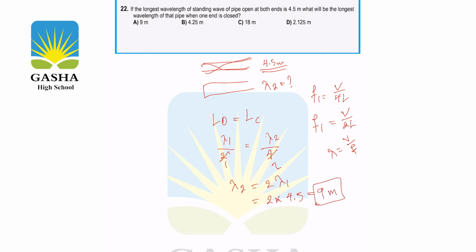So since the pipe is closed on one end, this end is a node and this one is an anti-node. So the longest is twice the wavelength of the pipe that's open at both ends.